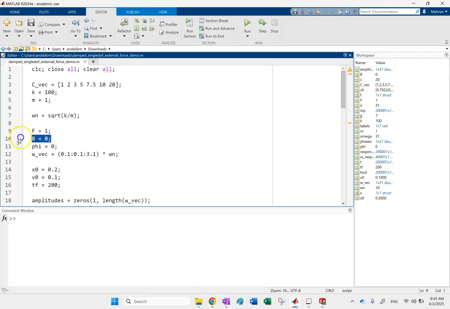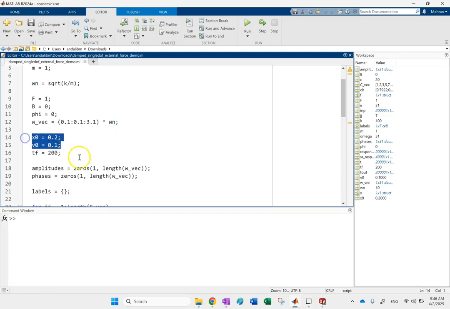F is 1, there is no bias in the sine wave, there is no phase shift in the sine wave, and the range of frequencies that I pick for the excitation external force is anywhere from close to 0 to about 3 times omega n.